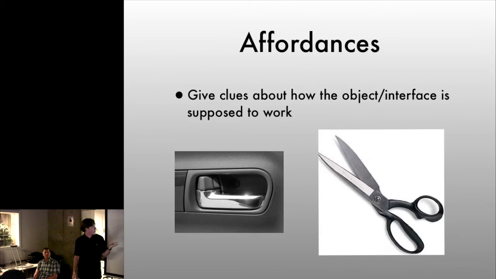There's also this clever little lock device that affords being slid back and forth to switch the lock. So I don't need to tell somebody how this works. It's obvious from the design how to work it, right? And it's again clear, this indicates that there's a hinge here on the left, so when I pull it, I'm going to pull it toward the left a little bit.